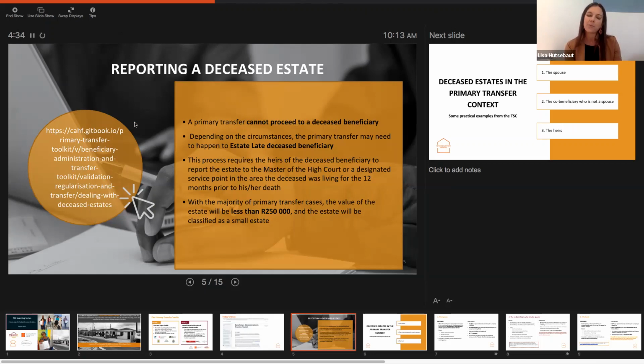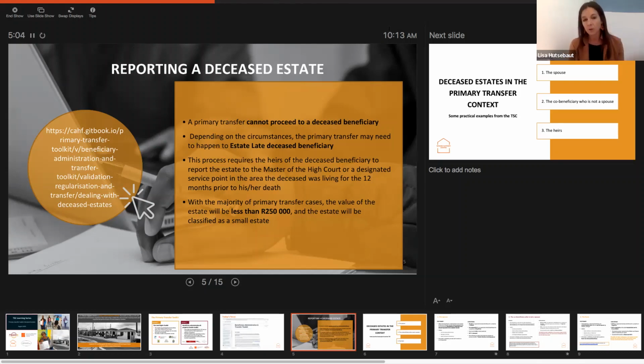And actually, in the primary transfer scenario, as you'll see a little bit later when we go through more of the examples, it's also probably not always, strictly speaking, necessary. It will be necessary when we need to transfer a primary transfer property into a deceased estate, which is one of the processes that can be followed. It's not the recommended process for every deceased estate case, but it is one of the processes.